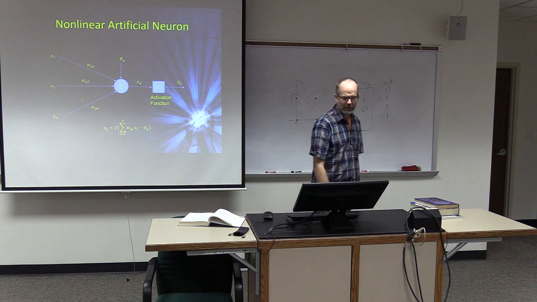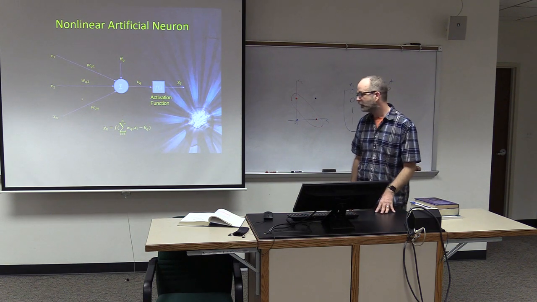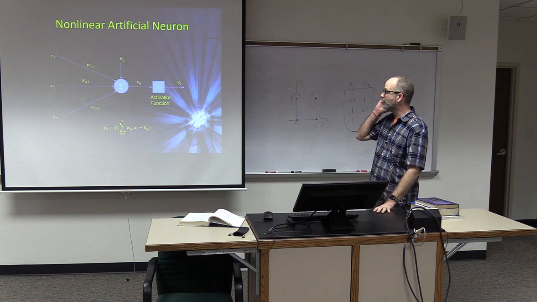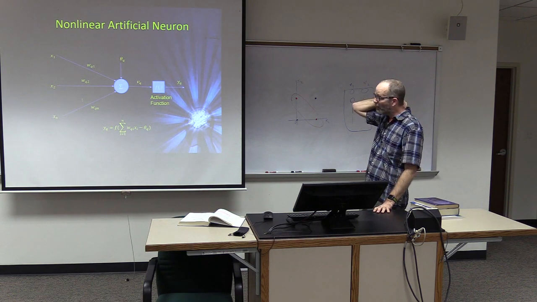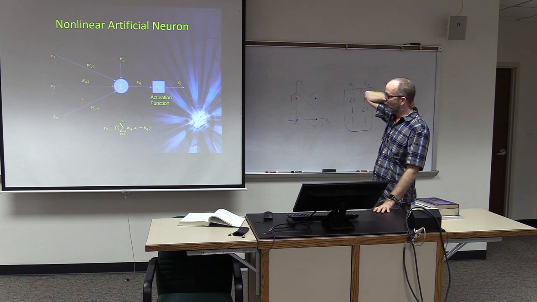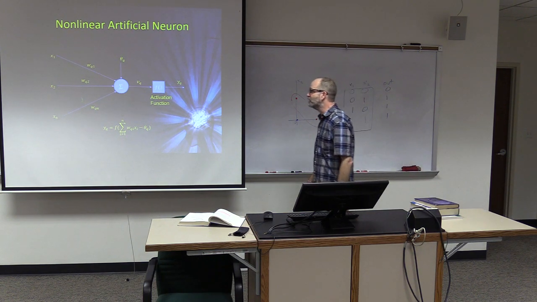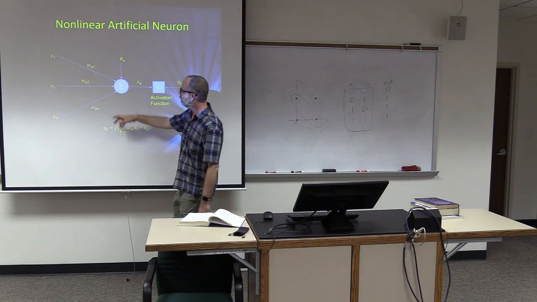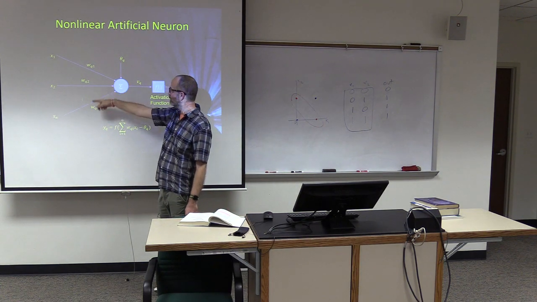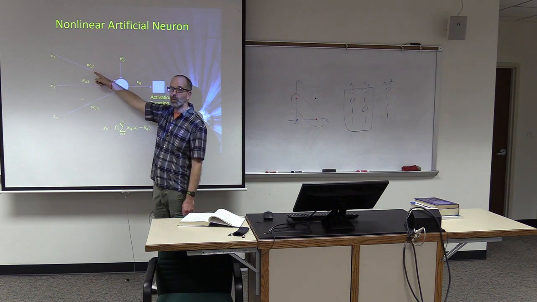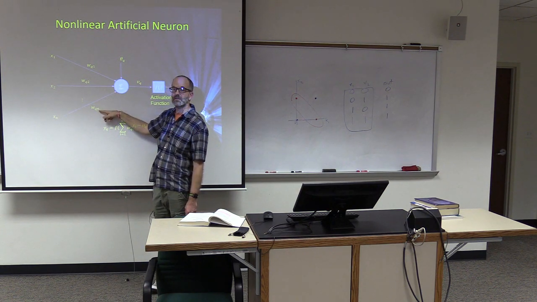Well, let's get a little more complicated than the McCulloch and Pitts neuron. Let's add a little bit of a capability to our neuron that is not there in the McCulloch and Pitts. And so here again, the idea is the same. You have your inputs, however many inputs you have, 1 through n. You're going to now weight them, but you're going to weight them by separate weights.